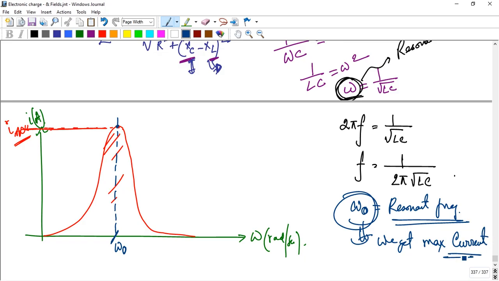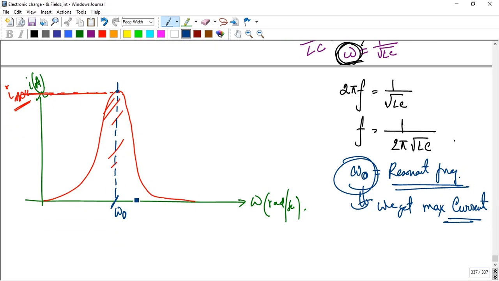If I increase the frequency by delta omega, at this point we get omega naught plus delta omega, and we see the current falls slightly. If I decrease by the same amount, we get omega naught minus delta omega, and obviously the current falls here too. But at omega naught we get the maximum current.